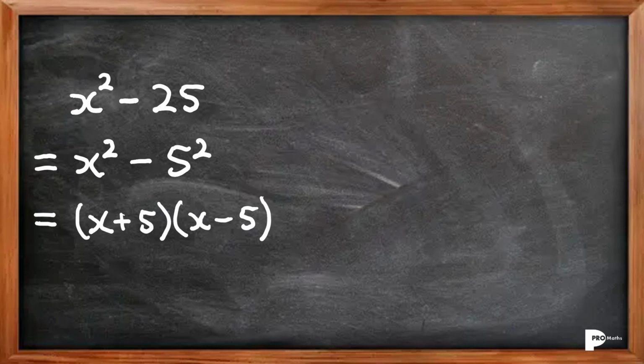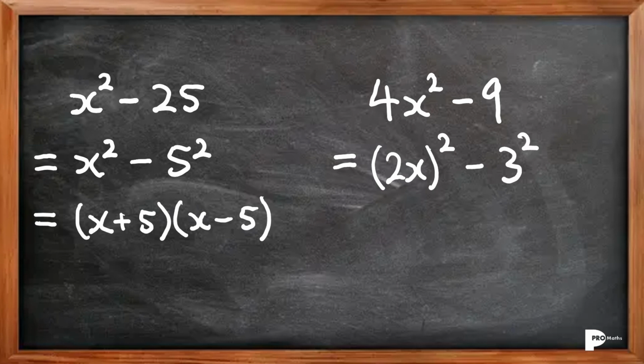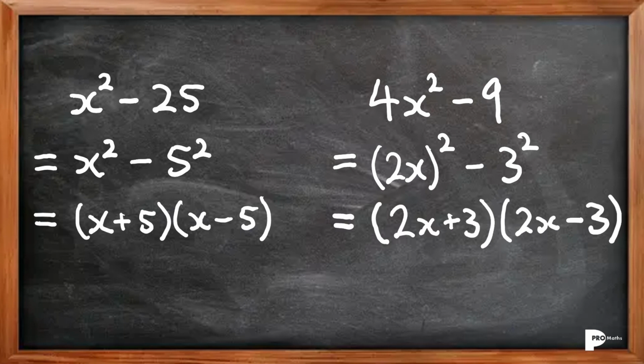One more. Let's factorize 4x squared minus 9, which is 2x in brackets squared minus 3 squared, which then factorizes to 2x plus 3 and 2x minus 3. Again, you can check these by expanding.